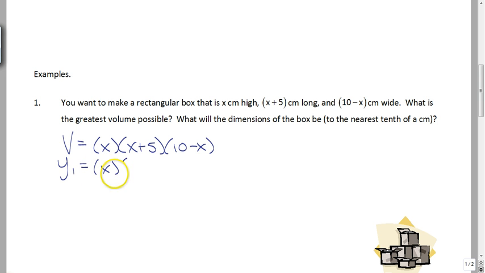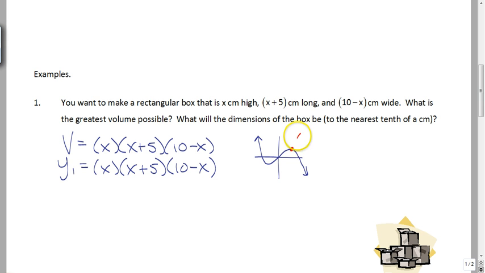You can just type it into y1 exactly how you see it in your graphing calculator. And what your calculator is going to do is sketch out this little graph for you where you're going to have a little swoop like this, and the only thing you really care about is the maximum. This said, what is the maximum volume?